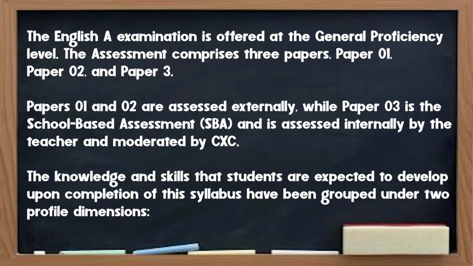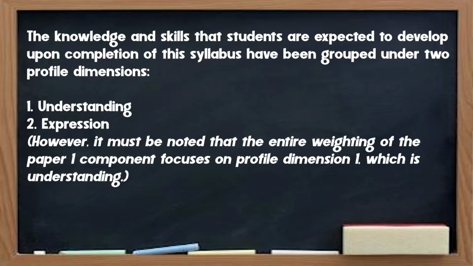The knowledge and skills that students are expected to develop upon completion of this syllabus has been grouped under 2 profile dimensions: understanding and expression. However, it must be noted that the entire weighting of the paper 1 component focuses on the profile dimension 1, which is understanding.